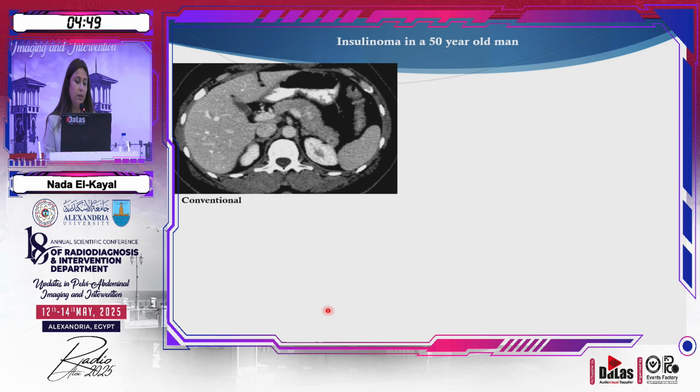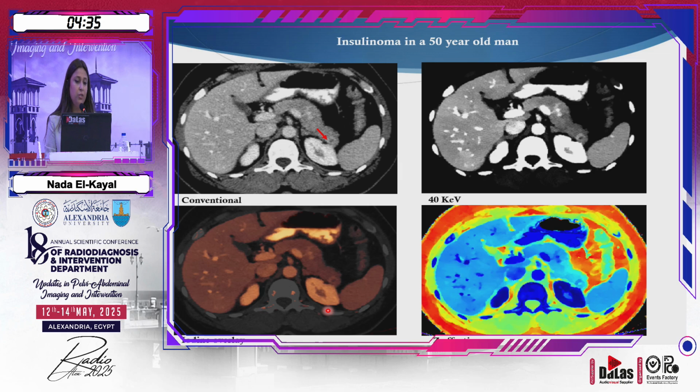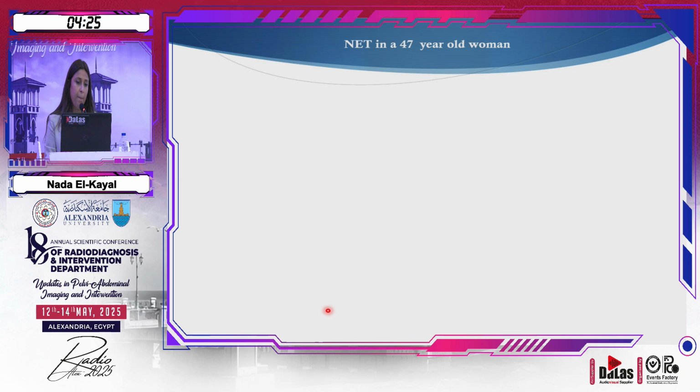Another is an insulinoma in a 50-year-old man. On a single venous phase conventional image, we can see that the lesion is sub-centimeter, tiny, hypoattenuating with a rim that is barely perceived as iso to slightly hyper-enhancing. However, on the spectral images, the low keV, iodine overlay and Z-effective images, the surrounding hyper-enhancing rim is much more conspicuous, which aided the diagnosis.